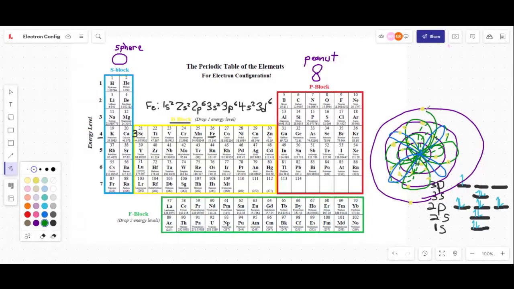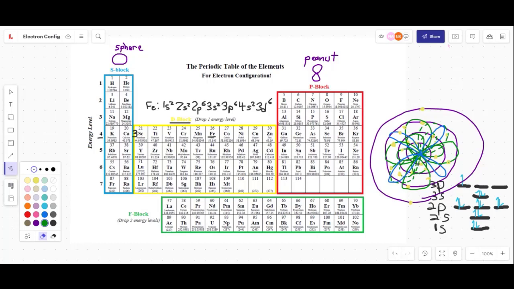Well, with the 4p, once again, I'm dealing with all this other mess, plus I'm moving in a more complex pathway, plus I'm further away. So all those factors make 4p definitely not favored. A 3d is going to be better than a 4p.